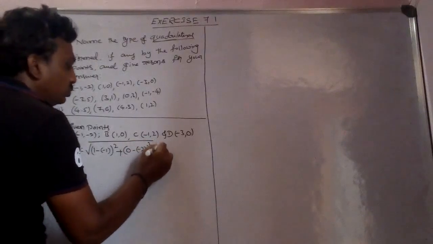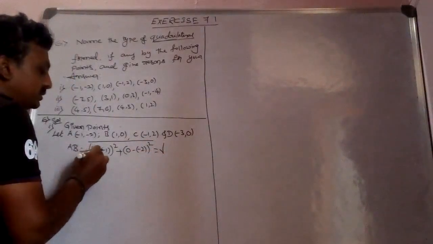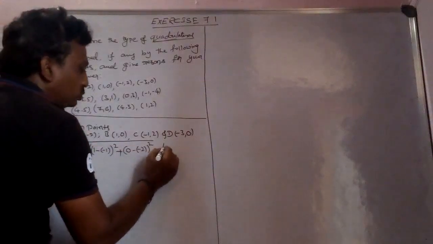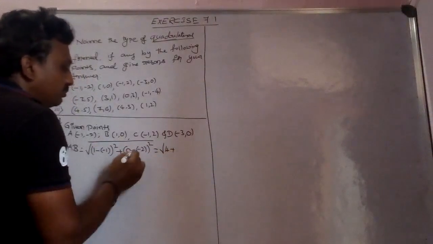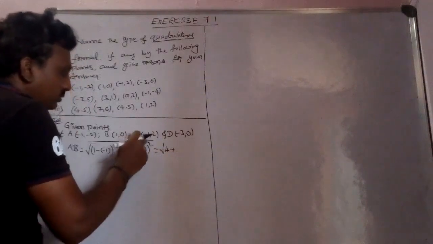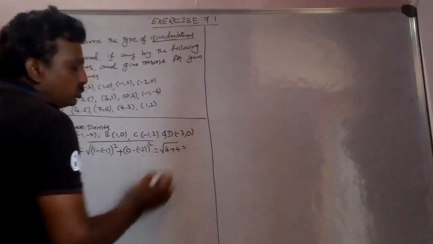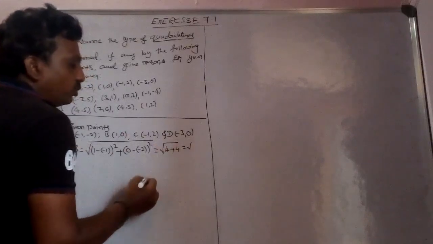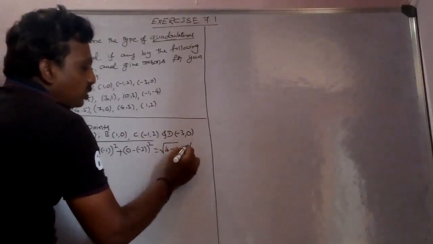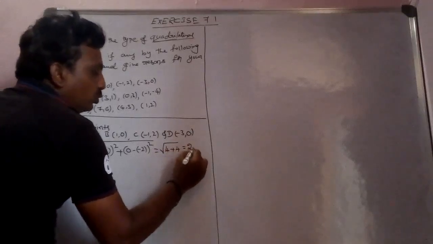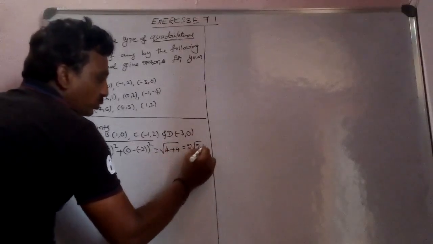That is 2 square, which is 4, plus 2 square, which is also 4. So 4 plus 4 is 8, and we can write it as 2 root 2 units.